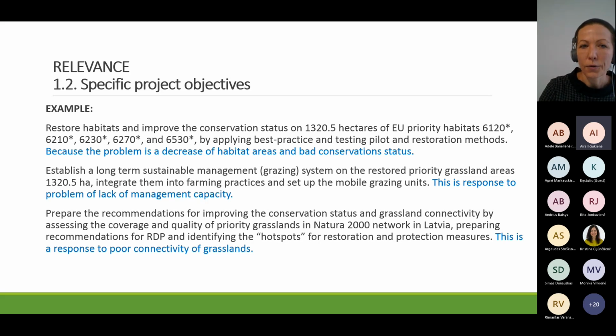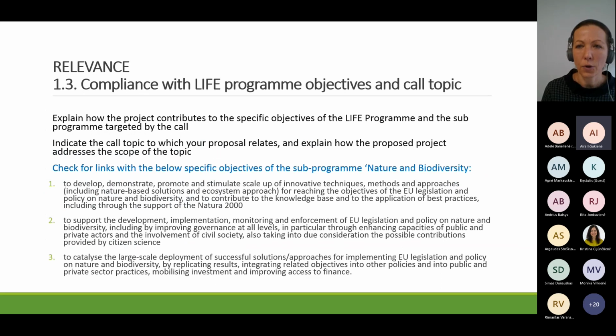And of course, your objectives answer the threats. We will restore habitats because there is a decrease of habitat areas and poor connectivity of grasslands mentioned before, and we will do this to restore that connectivity. So it's all linked, and the evaluator sees that this project really answers the problems for the particular item it is addressing.